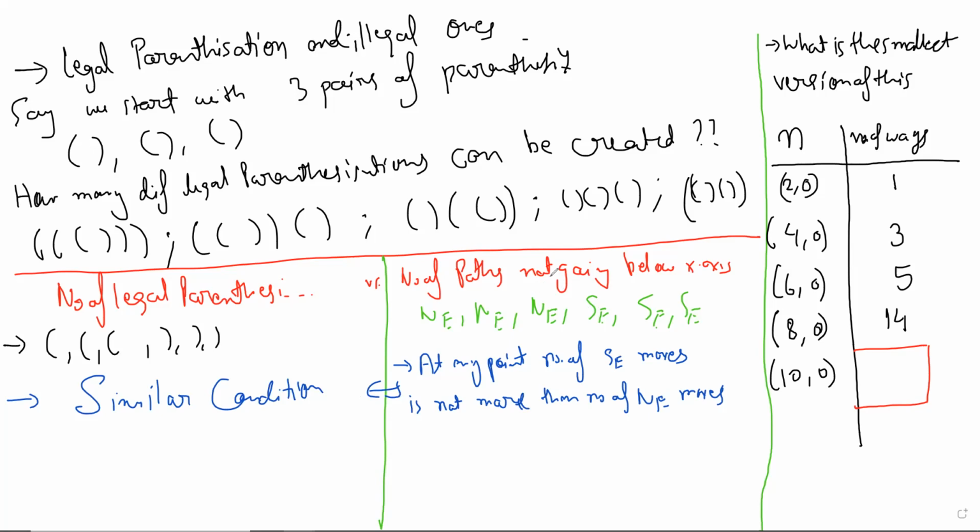The real matter we are interested in is the number. That is the same, and it's not just that the number is the same by accident. There is a certain pattern. It's the same thing apart from the naming. So do you agree that the answer to these two questions will be the same? If you have n pairs of parentheses and here you have 2n comma 0. Let's say we don't know the answer to this question, but we know that the answers will be the same.